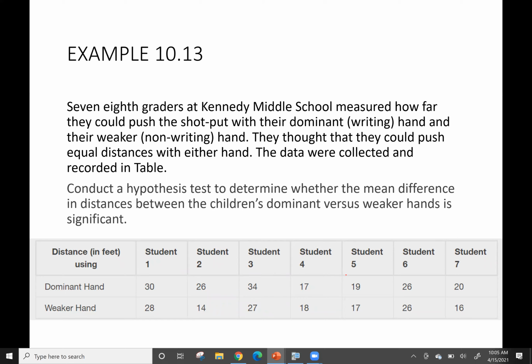You can either calculate the differences and put that in a list, or as we've done before, put the dominant hand data in one list and the weaker hand data in another list, and then calculate dominant minus weaker.